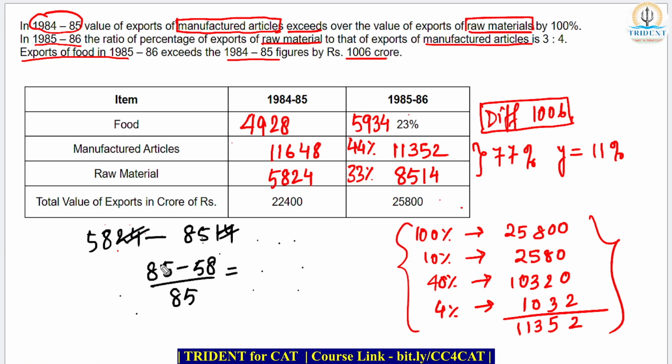Okay, so 15 minus 8, 7. This is 7 minus 5 is 2. Okay, by 85. Now 27 by 85, I just need to remember this 27 by 85.